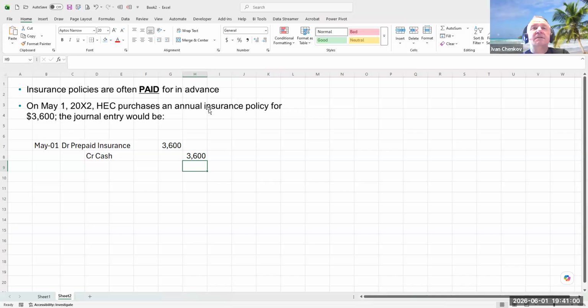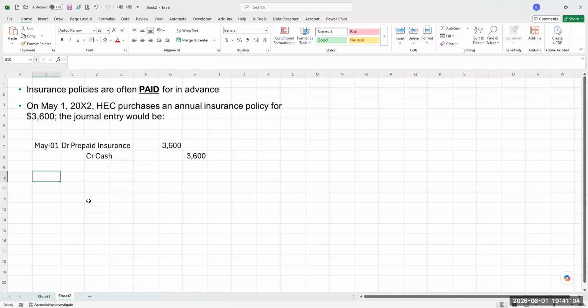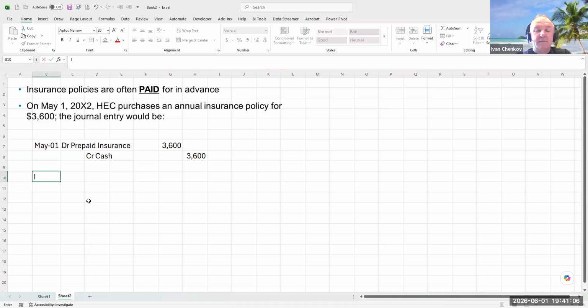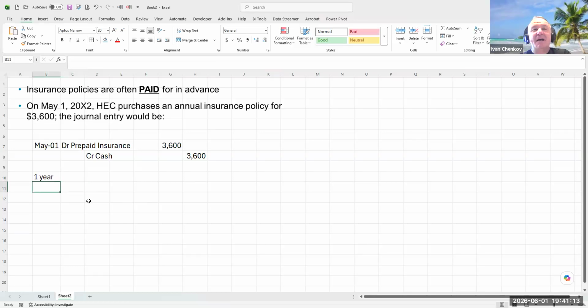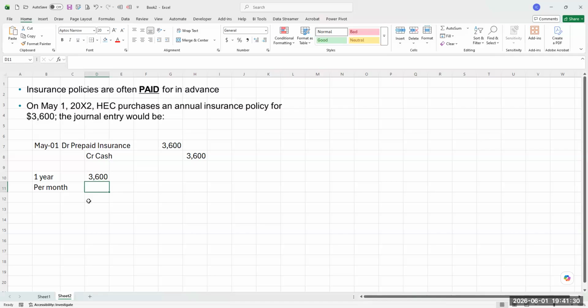For how long is this insurance? 1 year. It's an annual insurance policy, so yes. So for the year, 3,600. How about per month? How much is per month? 300. Why is it 300?